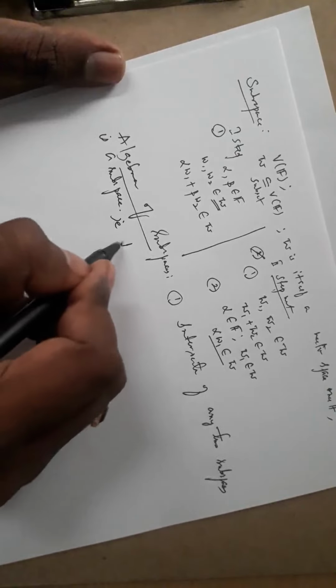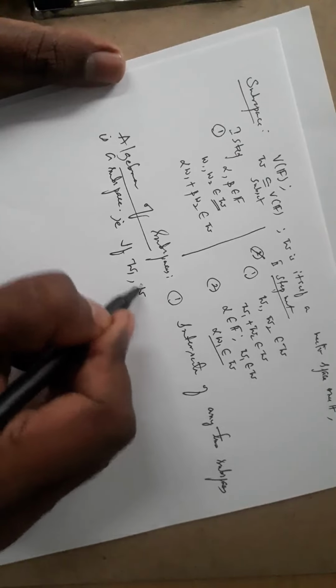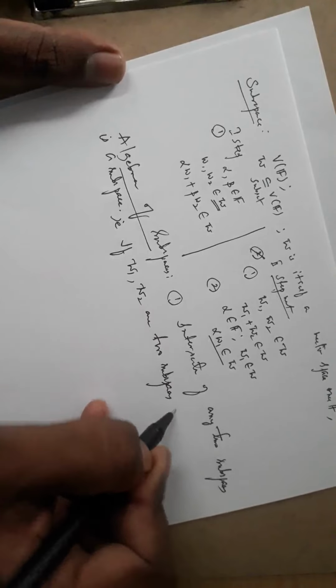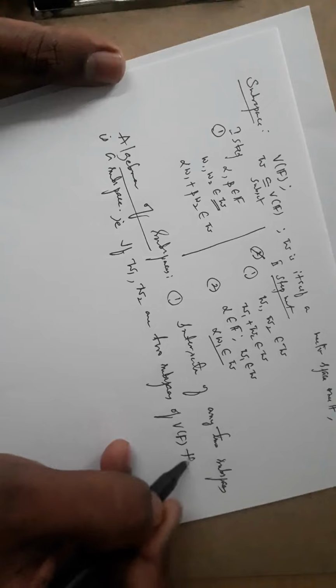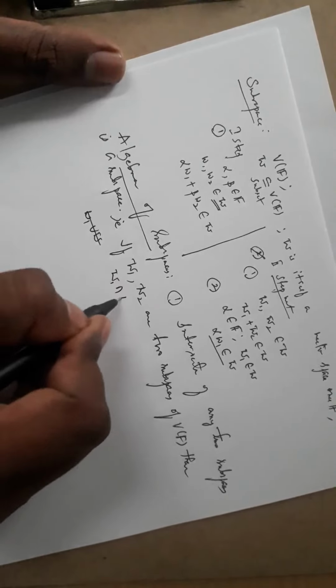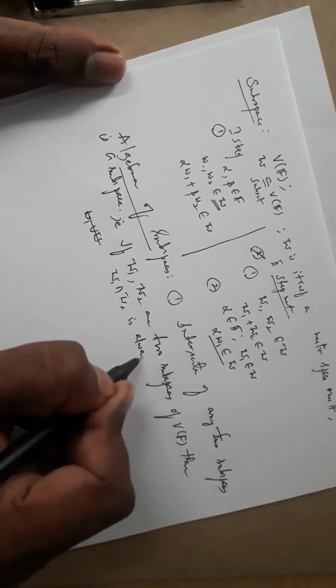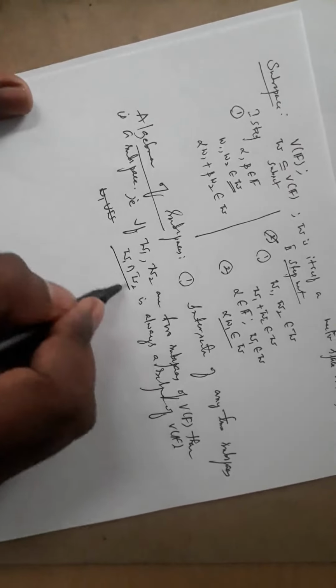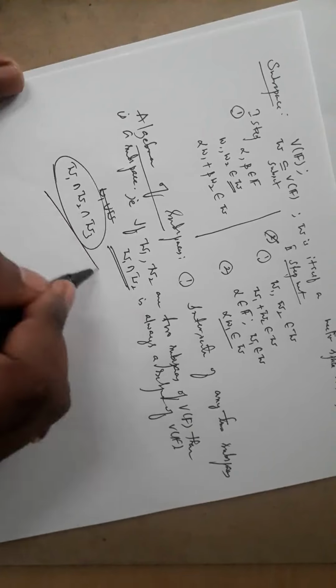That is, if W1 and W2 are two subspaces of V over F, then W1 intersection W2 is always a subspace of V over F. Their intersection will always be a subspace. In general, if you consider W1 intersection W2 intersection W3, still it's a subspace.